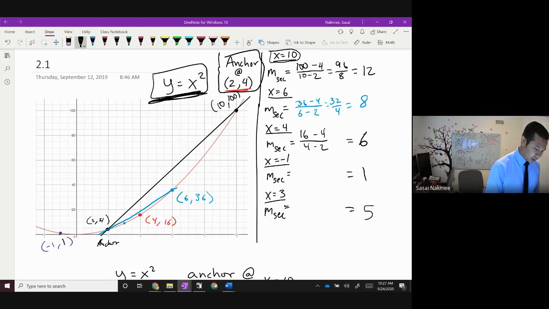So the slope should be 1 minus 4 over -1 minus 2. I hope I did that right. The top should be -3, and the bottom should be -1 minus 2, which is going to be -3.